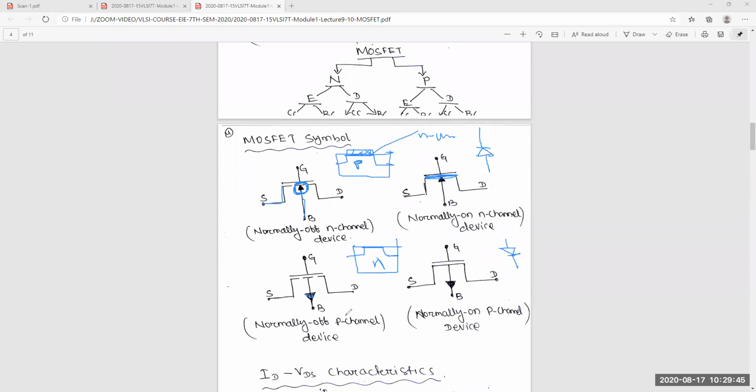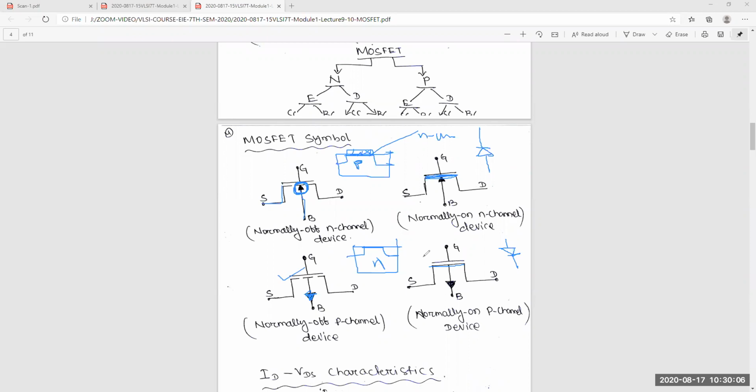So that's why it's represented as this. This is also the same, only the difference is the channel. So clear how the symbol is generally formed.